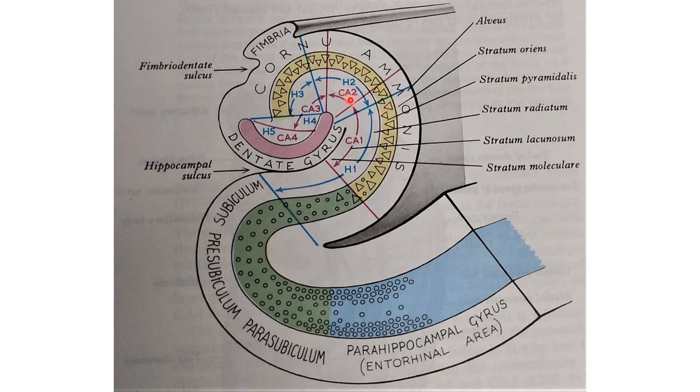CA2 acts like association fibers between CA3 and CA1. With which neurons it connects is still not known, not clear. What we know is CA3 communicates with the dentate gyrus granular layer, and CA1 is continuous with the subiculum. That is the end of the structure of the hippocampus.